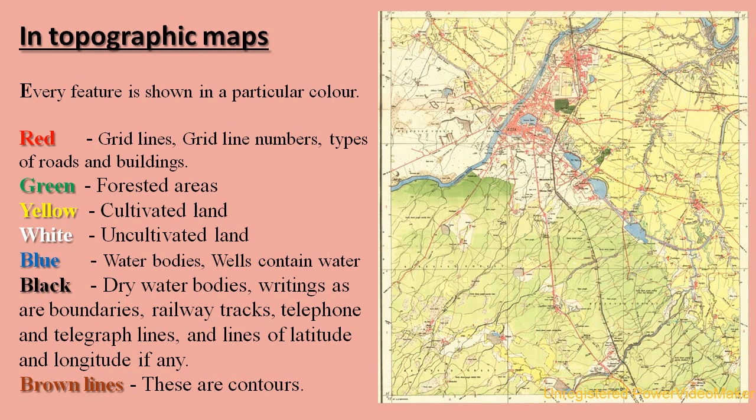For that, contour lines are used to show the same height area above the sea level. And to draw that kind of contour line, we use brown lines. So these are the colors which are used in a topographic map.